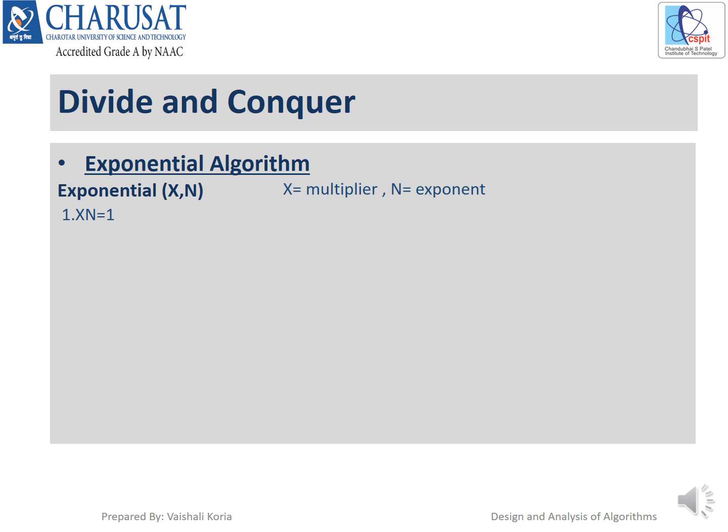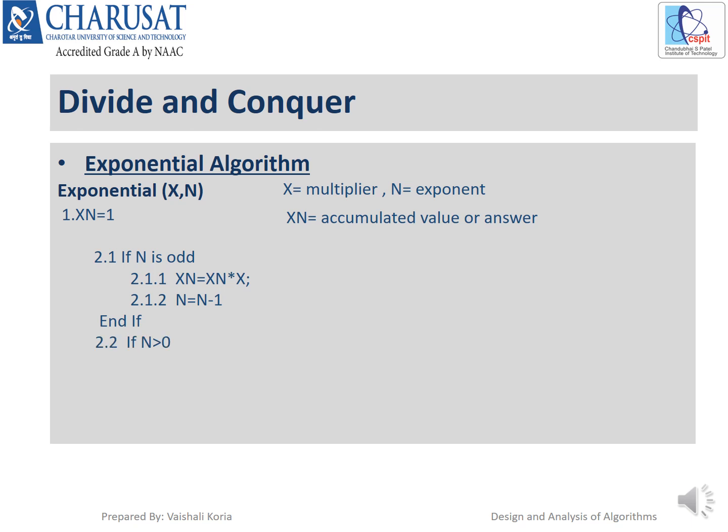Now we have to check the exponent whether it is odd or even. So if the exponent is odd, then what we need to do, we have to multiply the answer and the multiplier and store the updated answer in xn, which is our answer variable, and at the same time we have to decrement the exponent by 1. After that, if n is still greater than 0, then we have to apply the next step when the exponent is even.